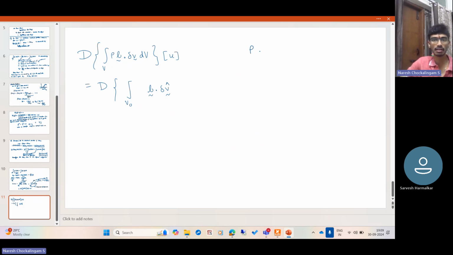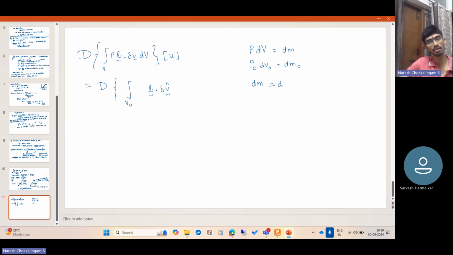Now, if you see, rho dv is the mass. It is some infinitesimal mass, and if initially it is rho naught dv naught, this will be the initial mass. But the law of conservation of mass says that we cannot have mass loss.